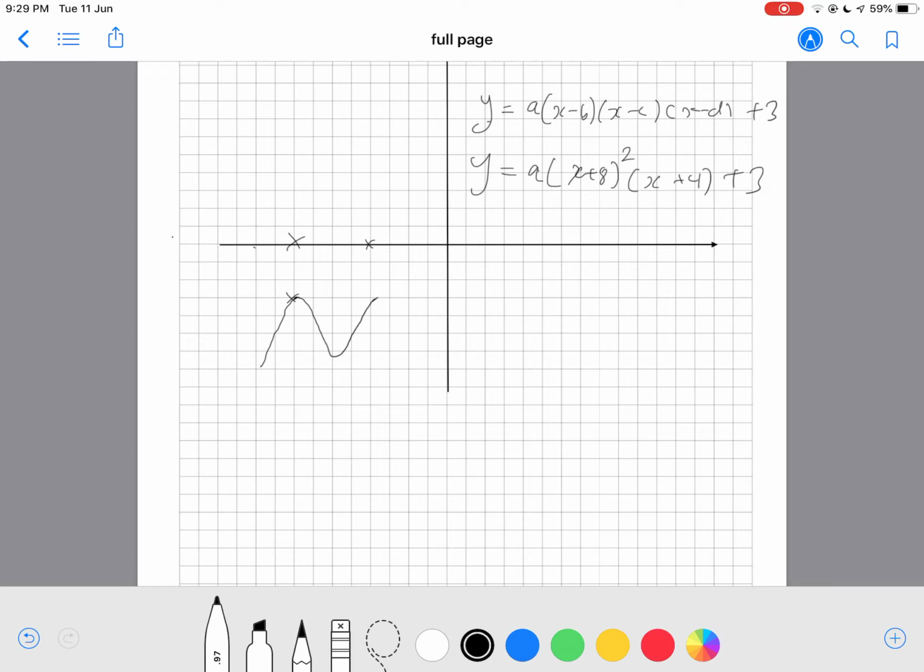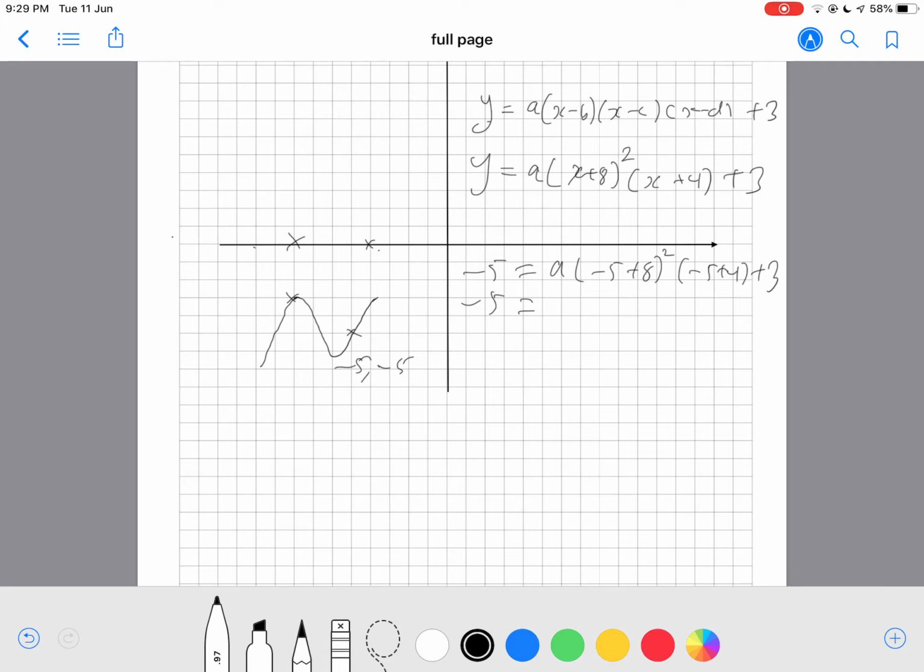We'll substitute one random point to find our a value. We'll say this point here, -5, -5. So -5 equals a, (-5 plus 8) squared, (-5 plus 4), plus 3.